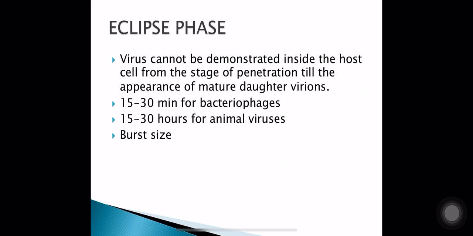This time is known as the eclipse phase. The eclipse phase for bacteriophages is about 15 to 30 minutes, and in animal viruses it is about 15 to 30 hours. The number of virions released from the host cell is known as the burst size. So the virus cannot be demonstrated during the eclipse phase.